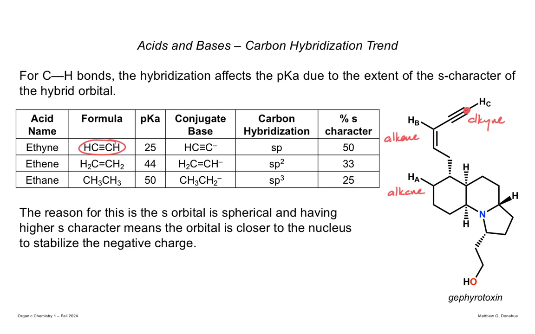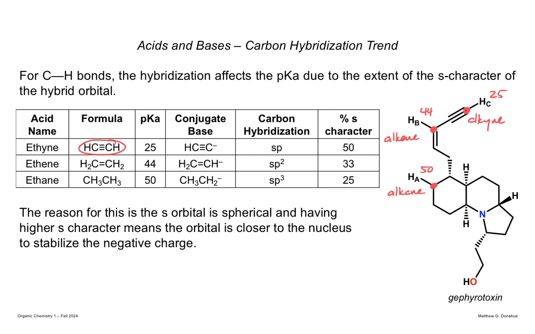And so the pKa of that HC is 25. For the alkene, C-sp2, that pKa is 44. And then for the alkane, sp3, that's 50.